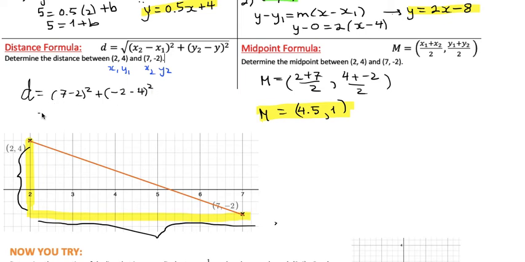And all of this will be under the square root, okay? So we're going to have 7 minus 2, that's 5 squared, so that's going to be 25. And then minus 2 minus 4, that's minus 6 squared, that's going to be 36. And so adding those together, we end up with root 61. Okay, and that's our distance between 2 points.